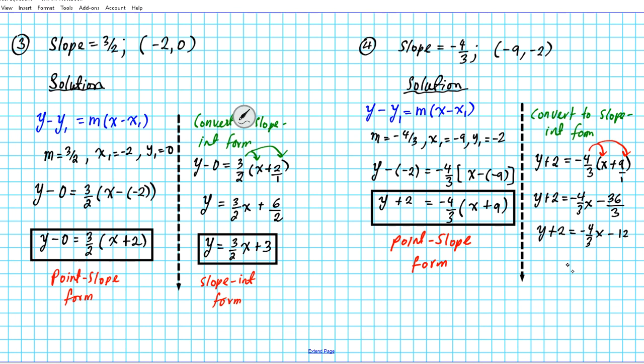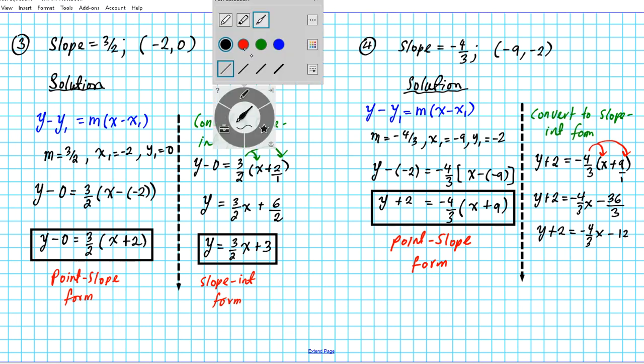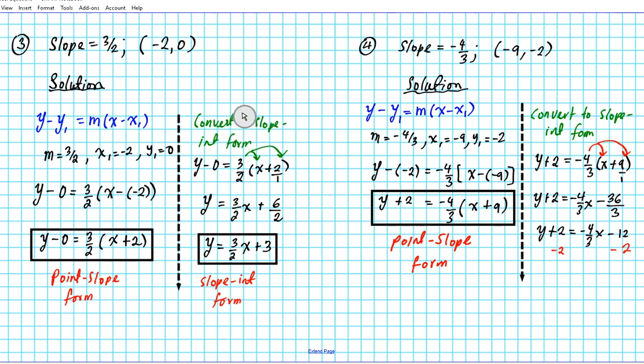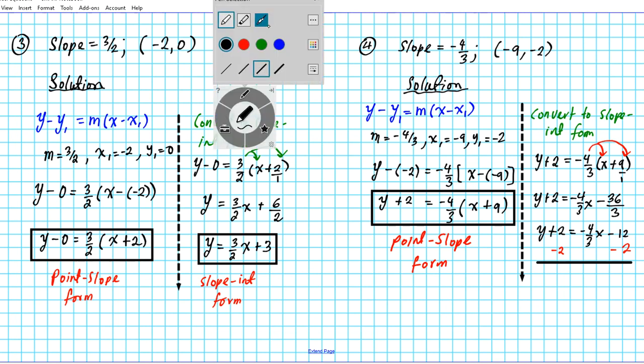Okay? Now to finish that off, we are going to proceed to isolate y. To isolate y, we will have to subtract 2 from both sides of the equation. And when we do that, we're going to end up with y isolated and the equation completely simplified, which is the desired form, the slope-intercept form.